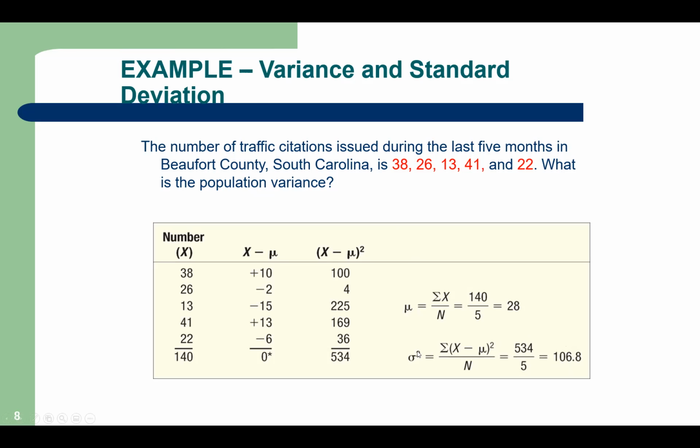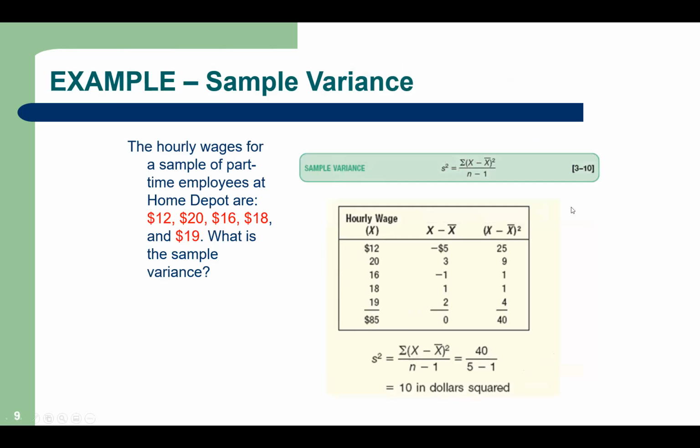The squared deviation is 106, but we cannot interpret this value directly. To make it interpretable, we need to find the standard deviation.